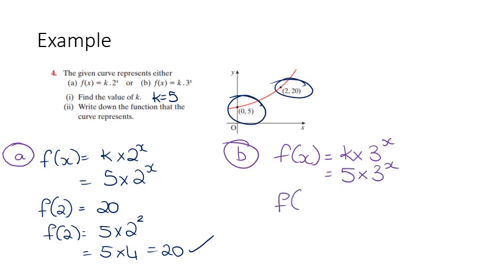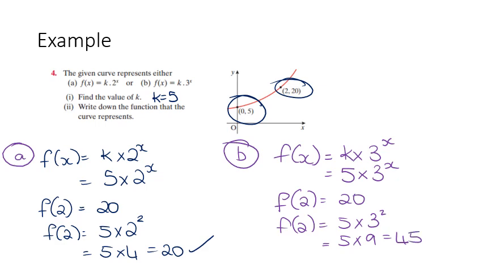If I sub in 2, I should get 20 for my answer. So f of 2 is 5 times 3 to the power of 2, which is 5 times 9, which is 45. So that very clearly does not work. So write down the function that the curve represents. It's f of x equals 5 times 2 to the power of x.